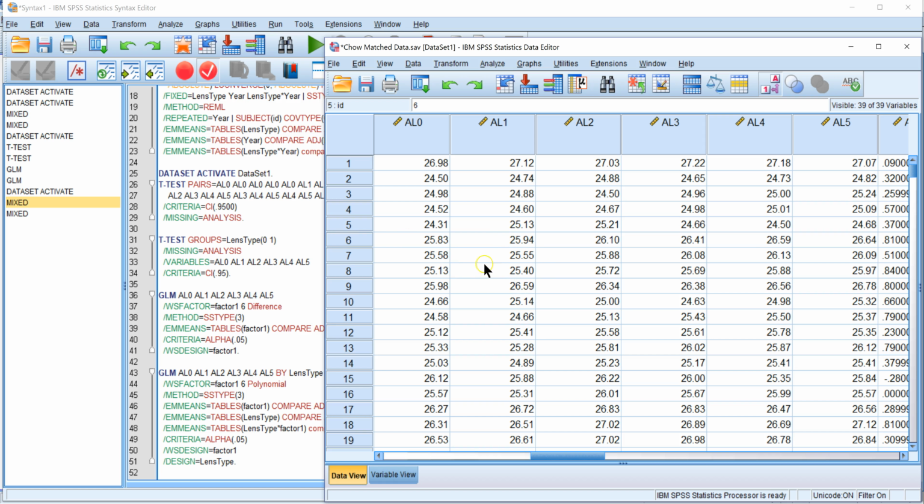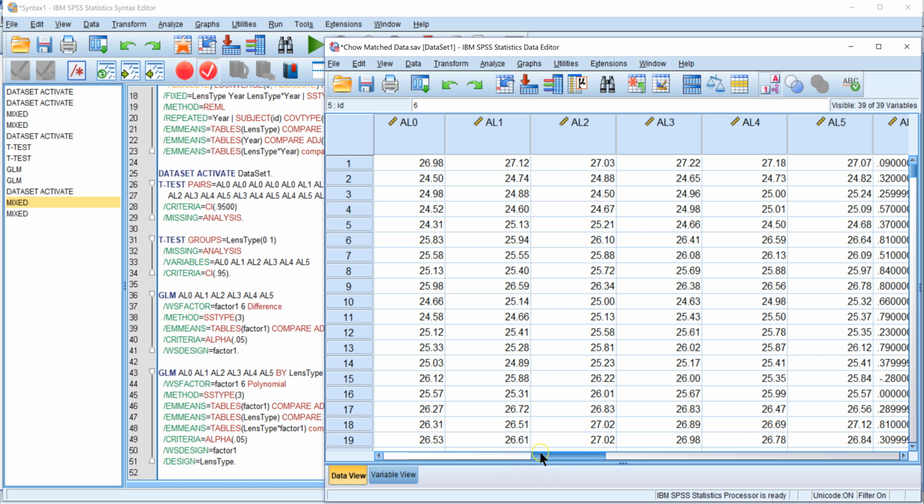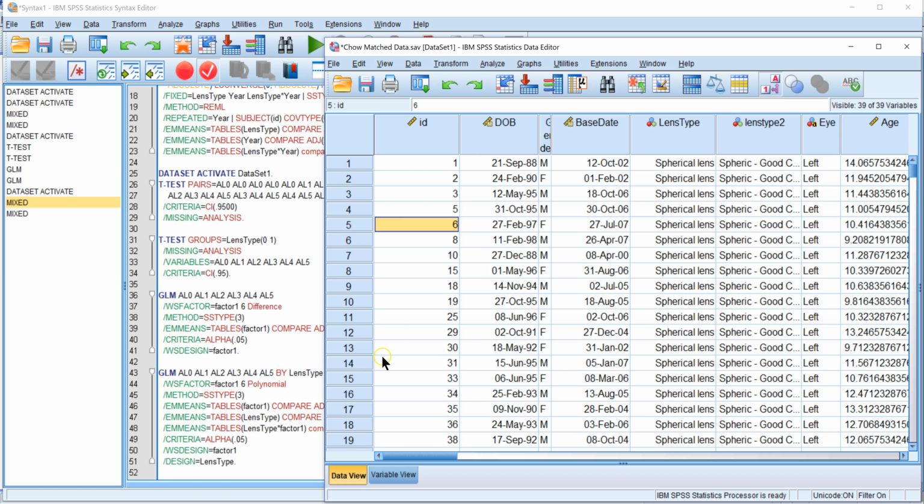All right, now we have another situation when we did the chow data. We had axial length over years, but we also had a lens type. They were either spherical or aspherical, and this was between subjects. Subjects either had spherical contact lenses or aspherical ones, and so we wanted to see how much growth we got under each one.